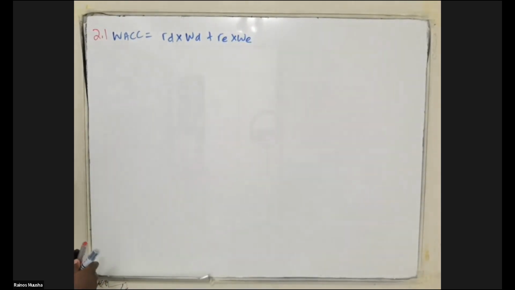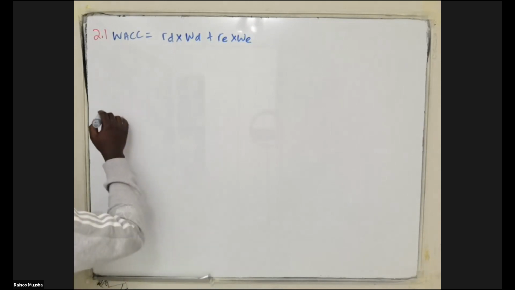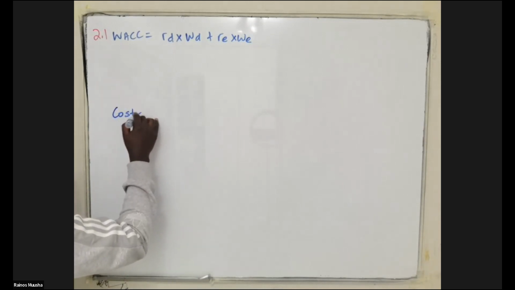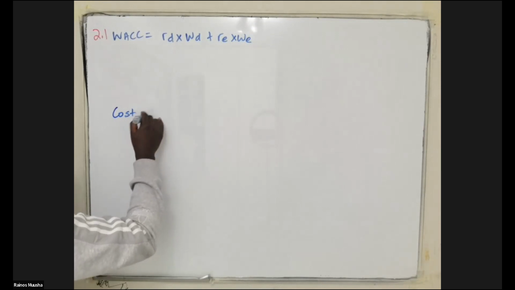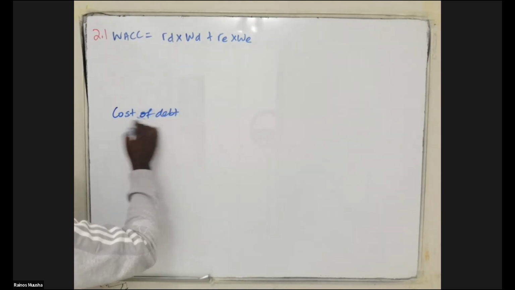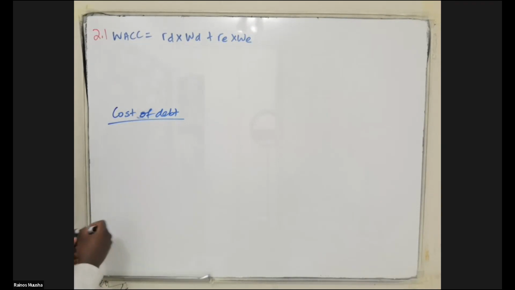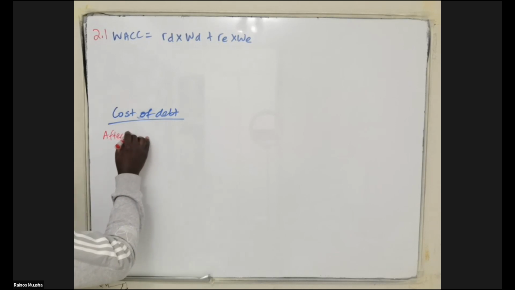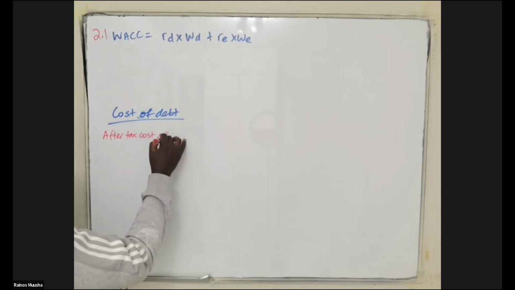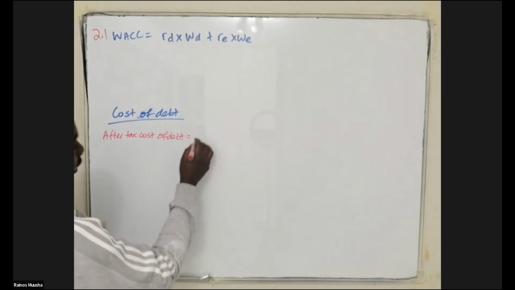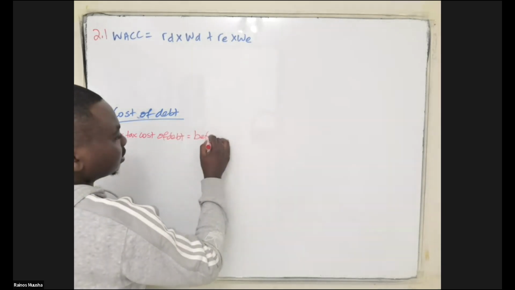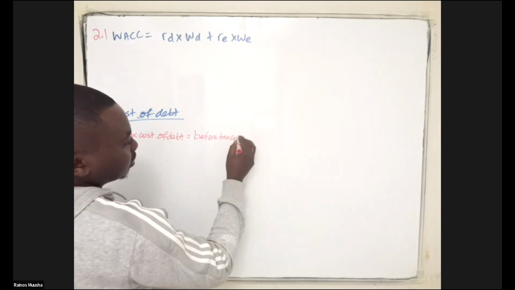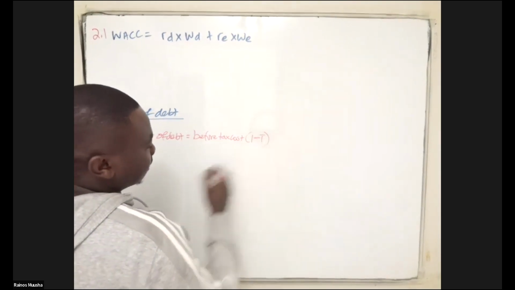So from here, for the cost of debt, the after-tax cost of debt is given as the before tax cost multiplied by 1 minus the tax rate.